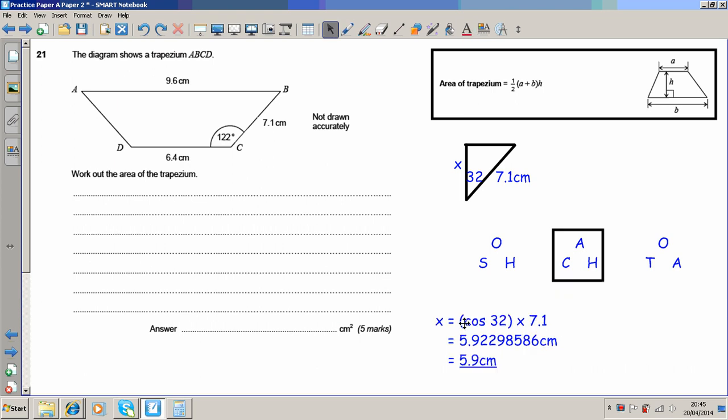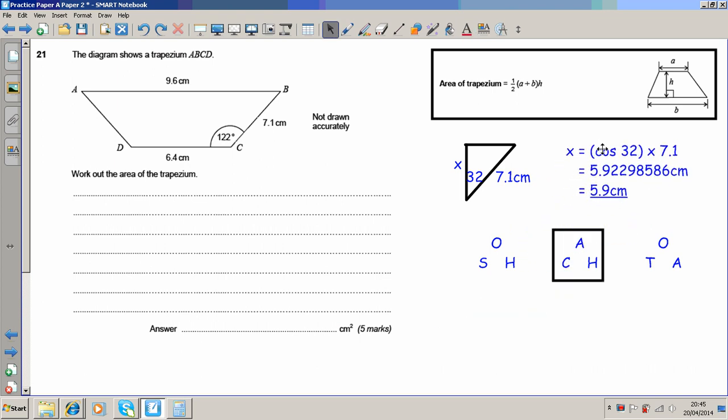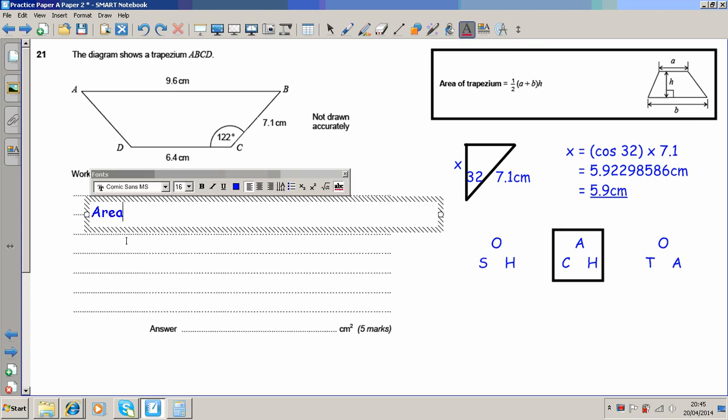Okay. So now if we go for our trapezium, area of trapezium equals half the sum of the parallel sides times the distance between them.